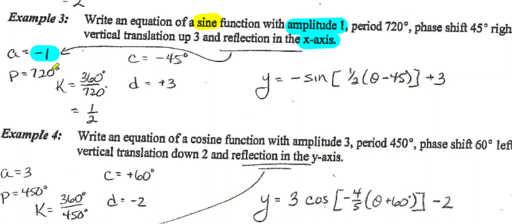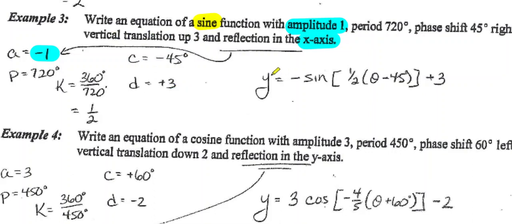Period 720, so 360 divided by 720 gives you 1/2, so K value equals 1/2. You have a phase shift 45 degrees right, so it's going to be a negative 45 degrees. And vertical translation up 3 means you have a positive 3 for your D value.